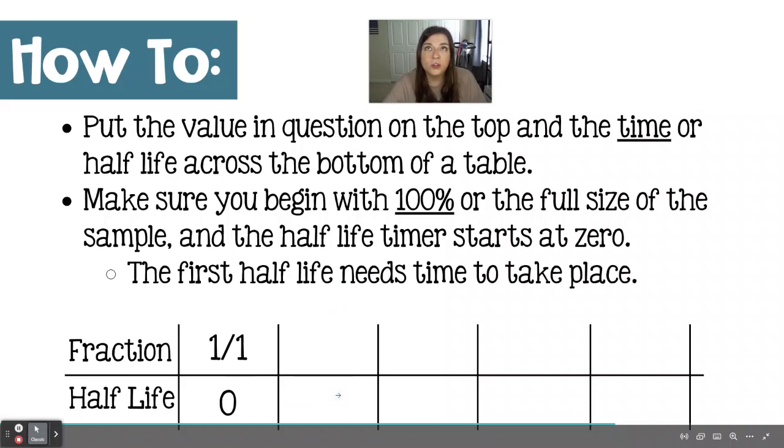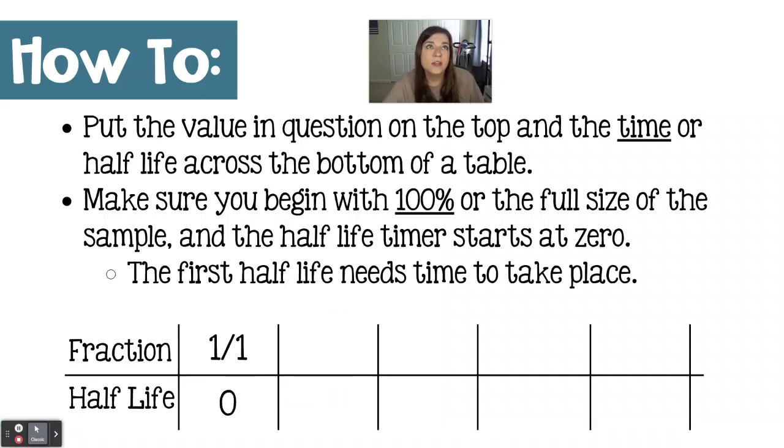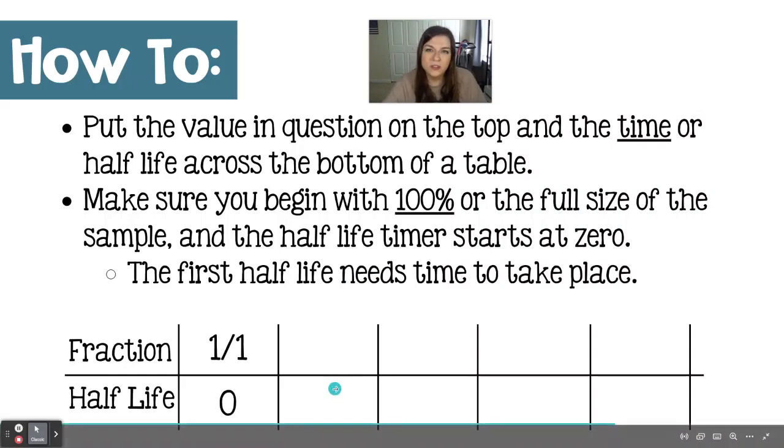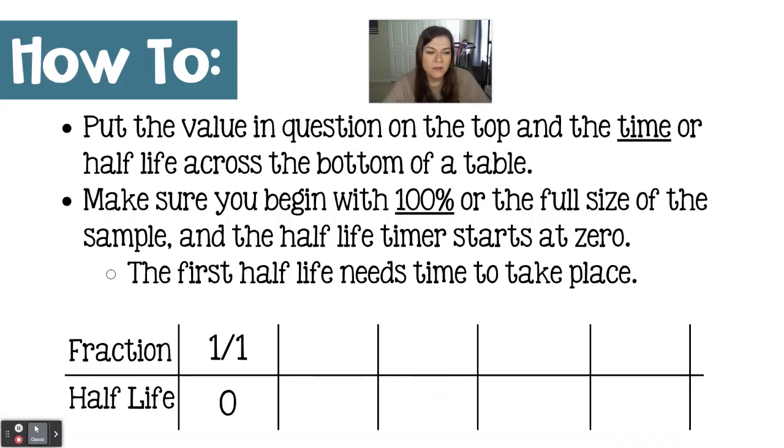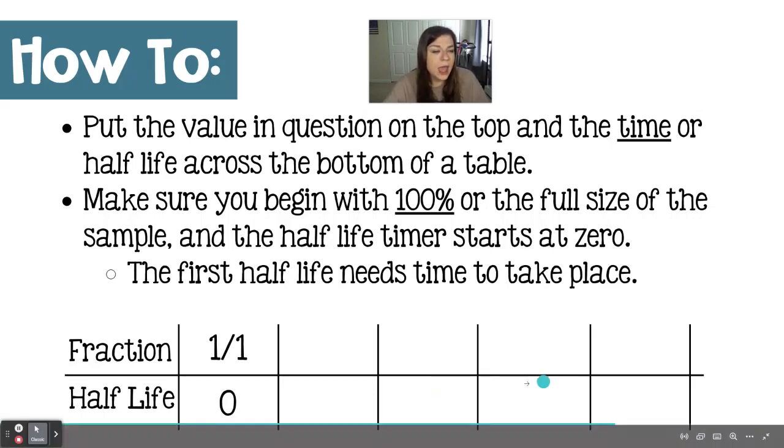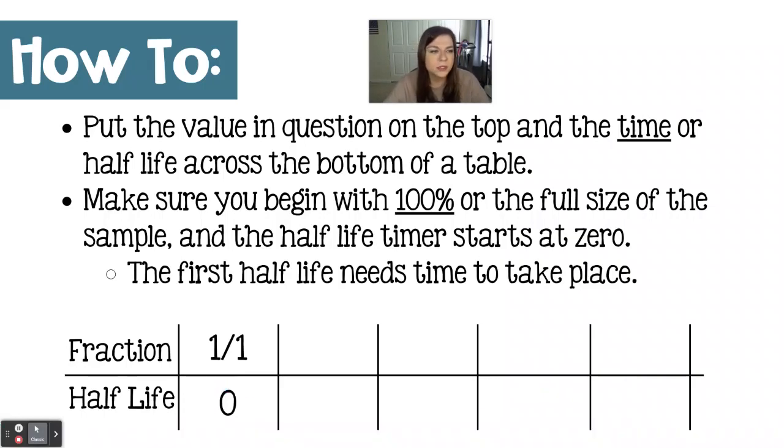So if, for instance, the half-life of carbon-14 is roughly 5,700 years, in the first section you'd have 5,700, and then another 5,700, which would bring you to 11 something. I can't do math. And then you would add it again and again. So you always begin at time equals 0.